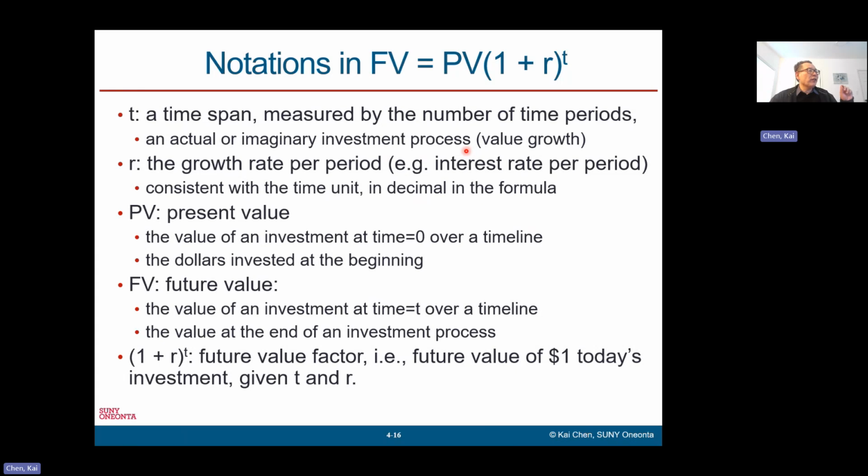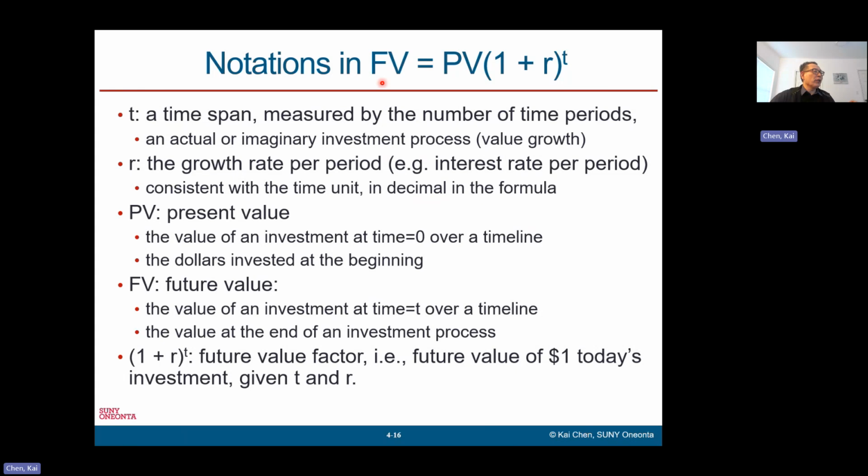Because this investment process is a value growing process, what is the growth rate? R is the growth rate per period. In our example, you have a bank account, and the interest rate per period is the growth rate.